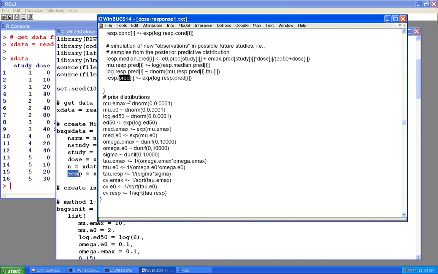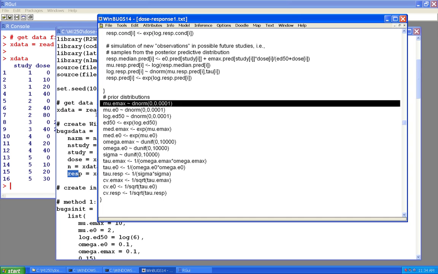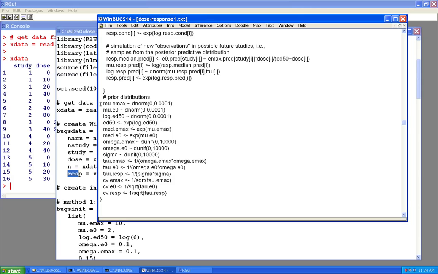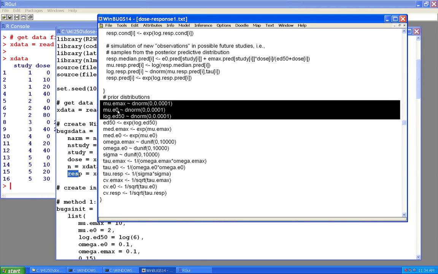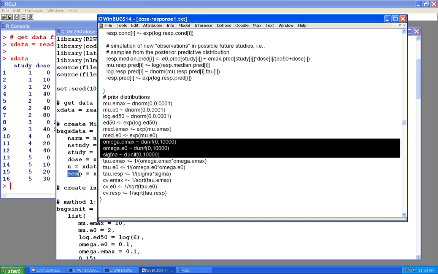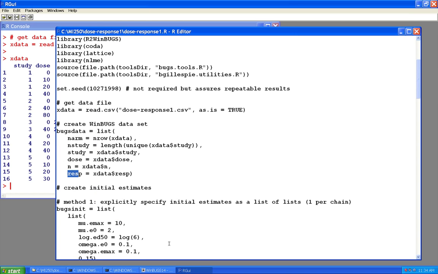So you can see we need them for mu Emax, mu E0, log ED50. Let's see, here are some more squiggles right here. And we need them for omega Emax, omega E0, and sigma. Those are the standard deviations for those. So we need those.